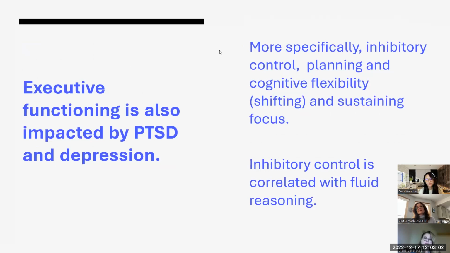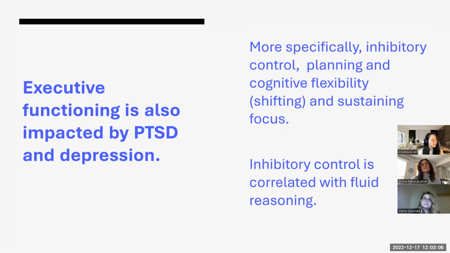So the next slide, executive functions. It's not just verbal memory, verbal reasoning and visual spatial reasoning, but executive function is also impacted by PTSD and depression. In terms of all those different aspects of executive function that I talked about before, it has been found that more specifically, it's the inhibitory control. That's the ability to inhibit a response and not just go into automatic mode, not just use a response that you used before.